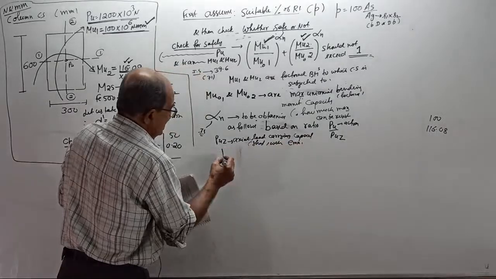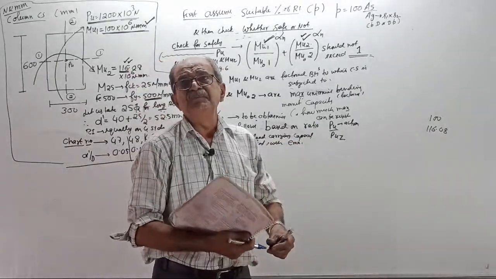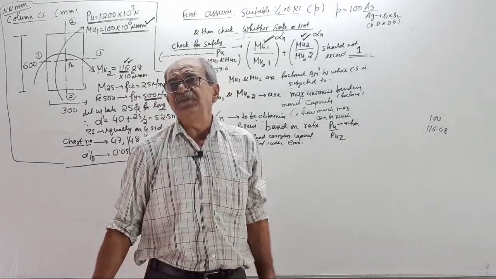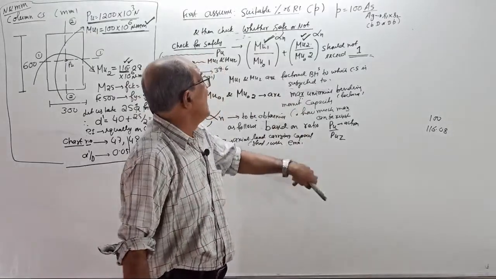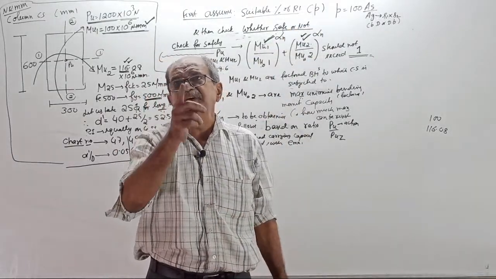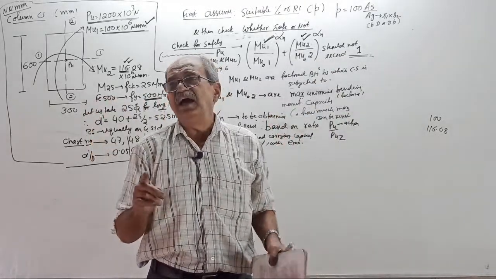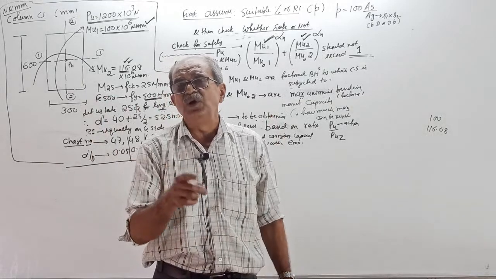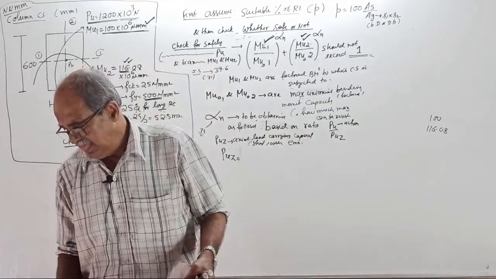If you consider minimum eccentricity, the PU formula is 0.4. But if eccentricity is not considered, I told in the RCC batch very clearly, and in the ETAP batch also, that for PUZ the number is not 0.4. See the IS code.